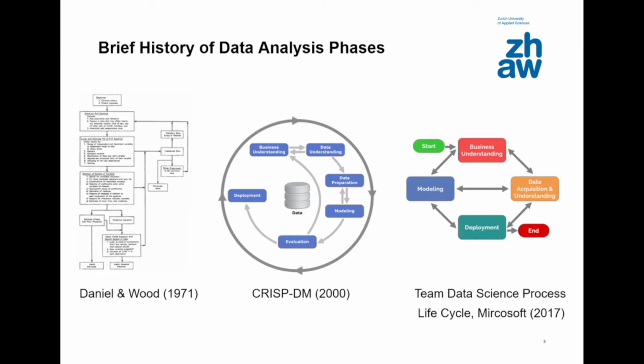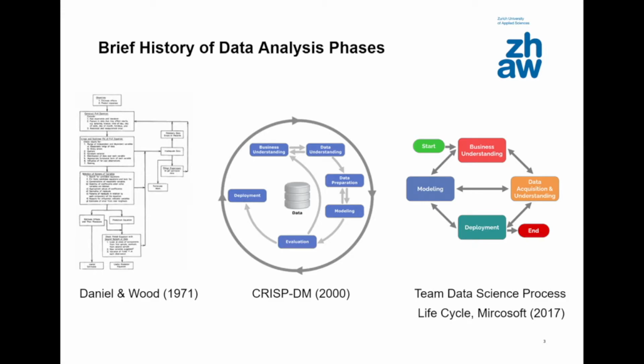And even today, in this age of data science, the phases can be found again, such as in the team data science process lifecycle of Microsoft in 2017. The essential elements remain the same. They have only become, as you see here, more colorful.